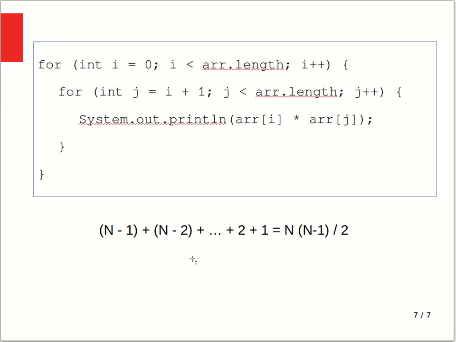So how many n's do we have? We're adding them in pairs. How many numbers do we have here? The total number of numbers we have here is n minus 1, and we are adding them in pairs. So the total number of n's we are going to add together is n minus 1 divided by 2.